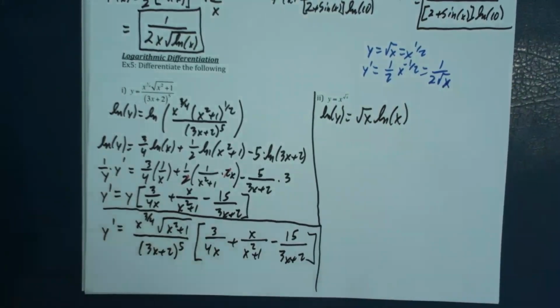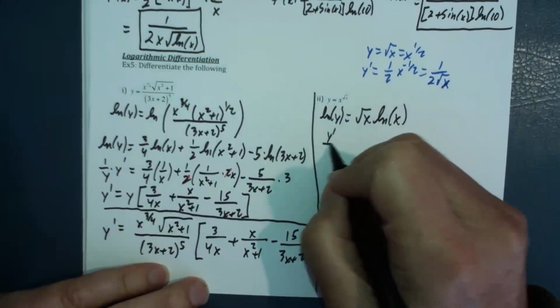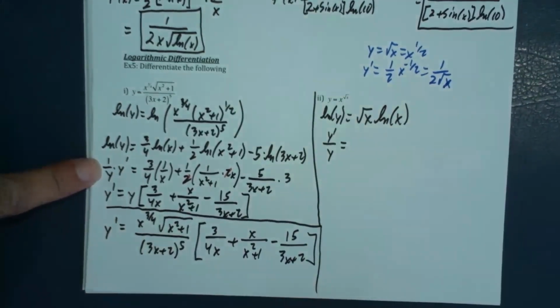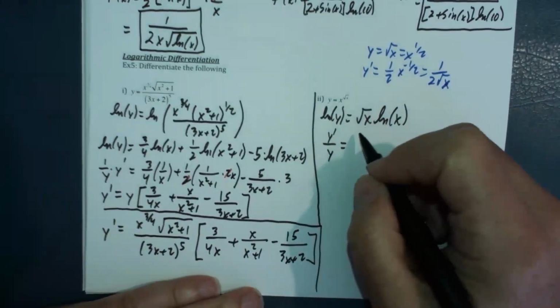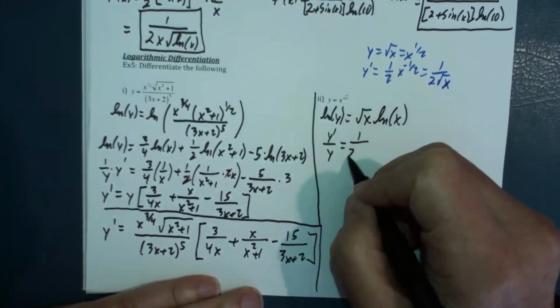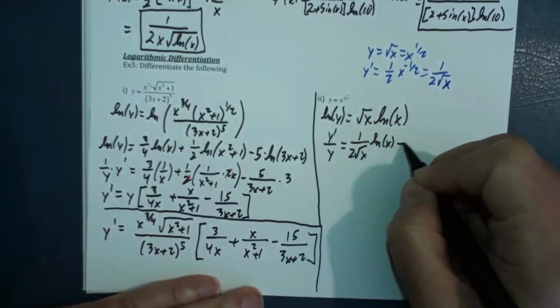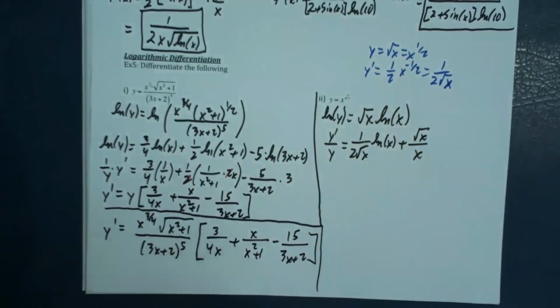And I'm going to use that fact when I do the derivative here. So this is going to be y prime over y, just like we had over here. 1 over y times y prime. Now I'm going to do the derivative of the first part, which is here, 1 over 2 root x ln of x plus root x over x.